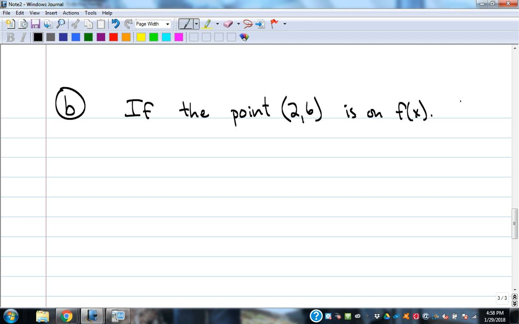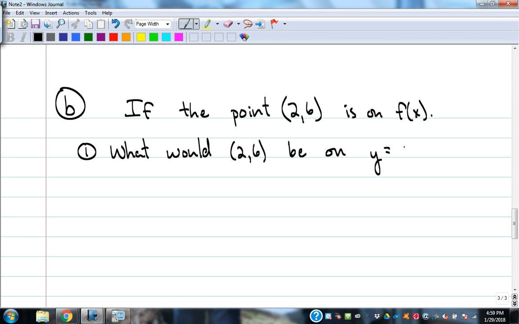That's an ordered pair that's in there. Okay. And what would (2, 6) be on y equals negative 3 f of x minus 1?